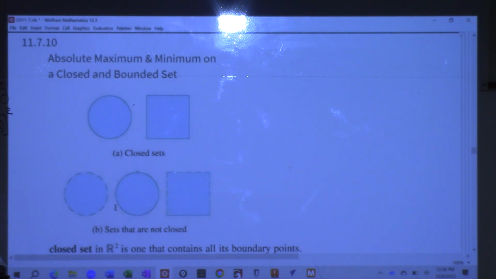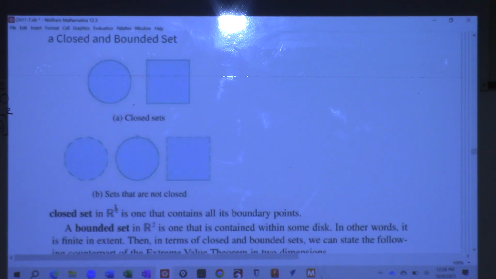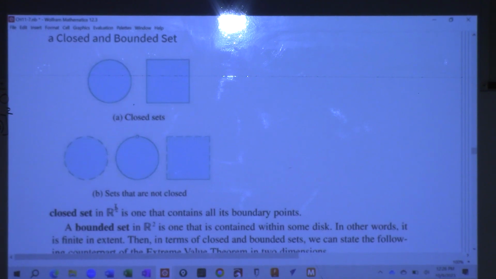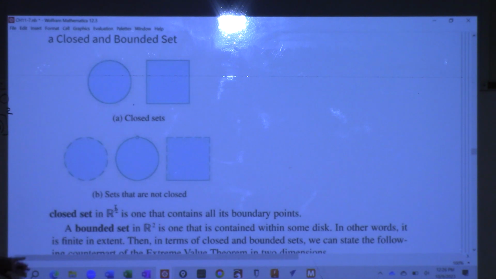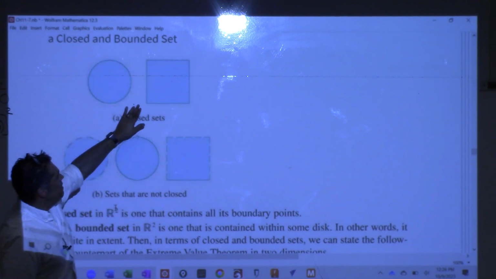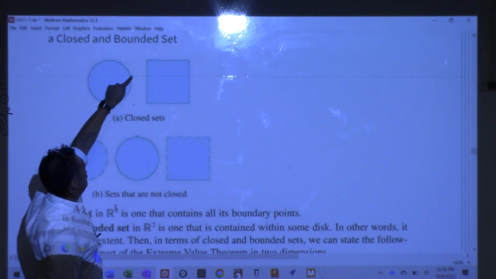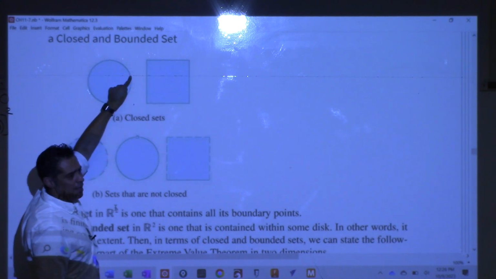Before we can begin restricting domains, we need to define something: the difference between what's called a closed set and not closed, when you're talking about a set in two-dimensional space. So on the ground, think about a set of points. A closed set is going to look like this, right? All the points are here, and all the boundary points are included in that set.